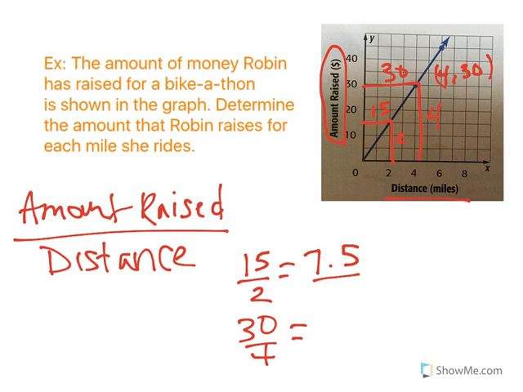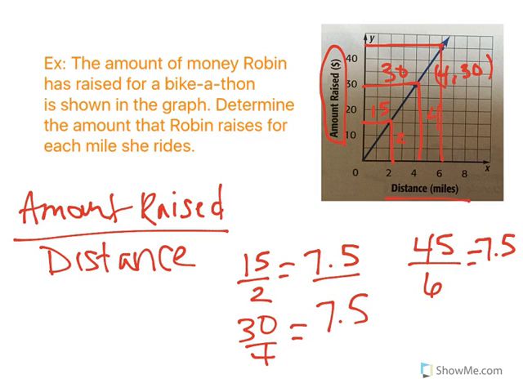Well, 30 divided by 4 is also 7.5. And let's check the final point. It looks like it's 45 over 6. Again, when you do the dividing, you're going to get 7.5.